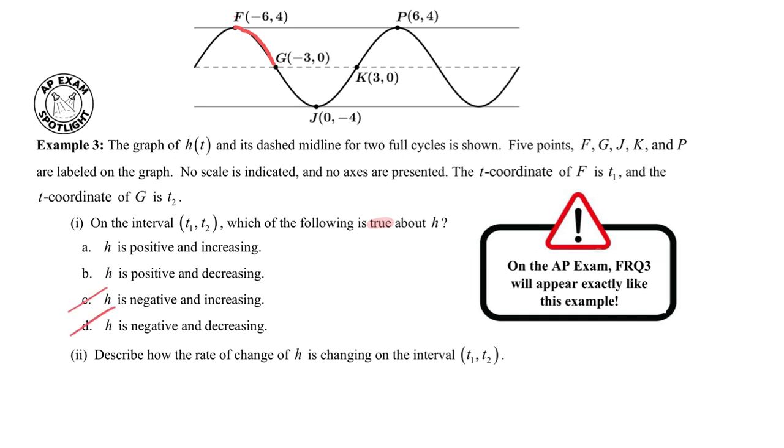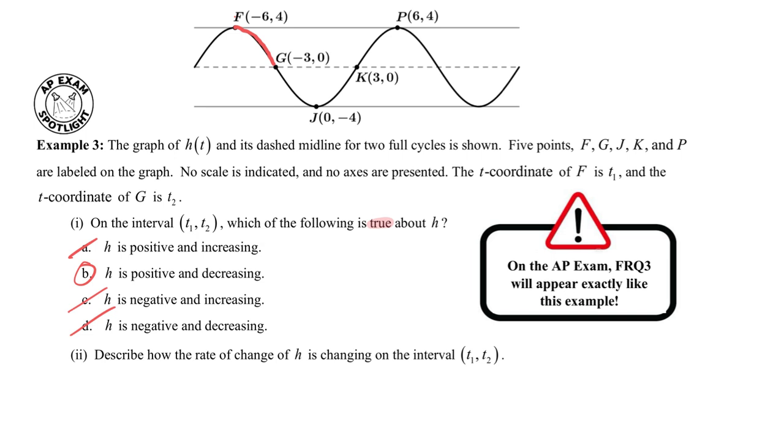So it cannot be C or D. So now we're just asking, is it increasing or decreasing? Is the height getting taller? Is it going up? Or is the height getting smaller? Is it going down? And we know that from F to G, because we walk from left to right, we are going down. Down is decreasing, so the answer is B.